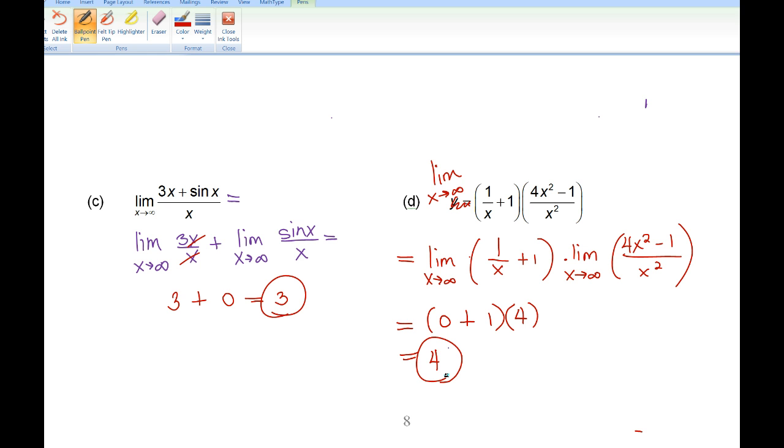Can you explain the first parentheses? Yeah, just look at the 1 over x. As x approaches infinity, the degree in the bottom is bigger. Think of the degree on the top as 0. So this is approaching 0. Plus, well, this is plus 1. The limit of 1 is just 1.